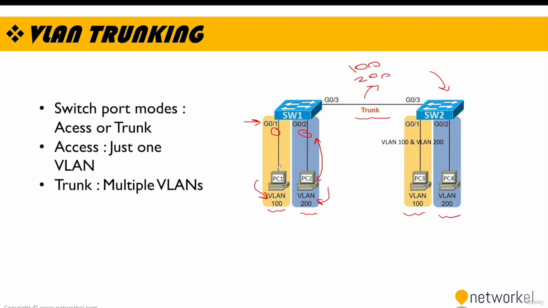So if PC1 wants to communicate with PC3, as well as if PC2 wants to communicate with PC4, they should be able to communicate with the help of this trunk configuration. Okay, trunk means multiple VLANs, access means just one VLAN.